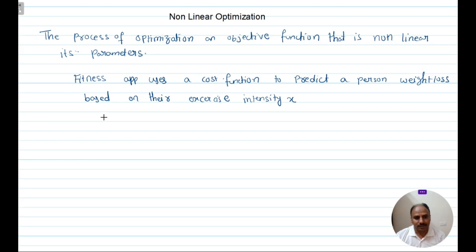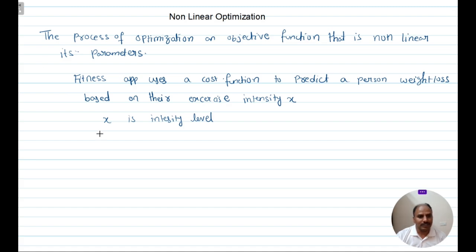Here, let us take x is the intensity level. Intensity level means if you are increasing the intensity level, then obviously you will lose more weight. So that relation will be predicted by this cost function. So here, as I said already, in optimization we have to remember some parameters.